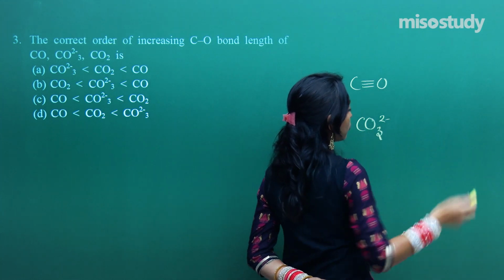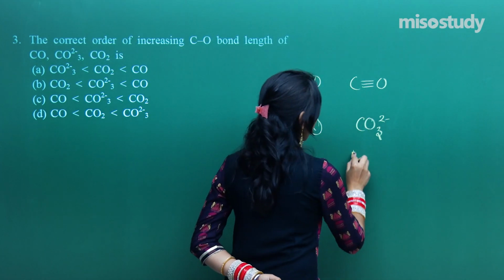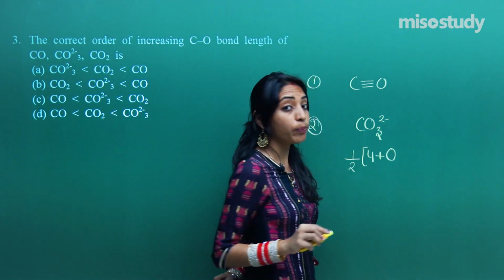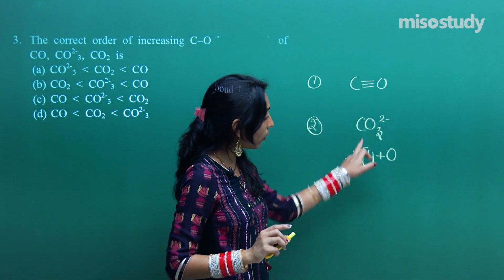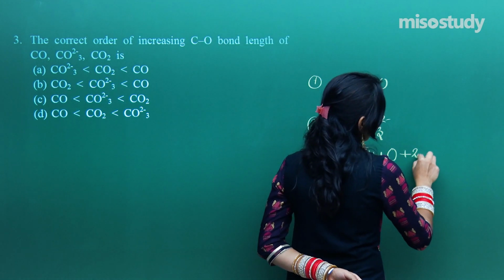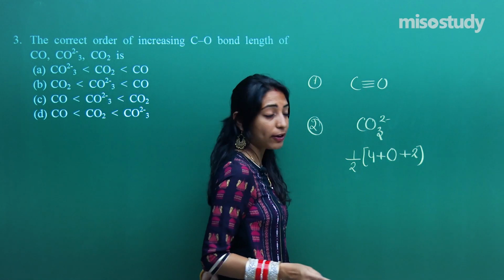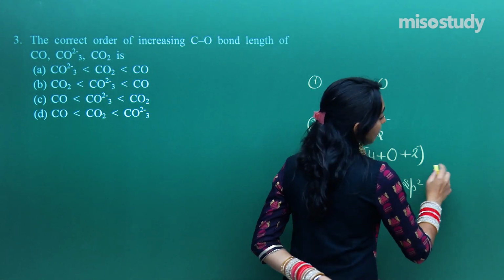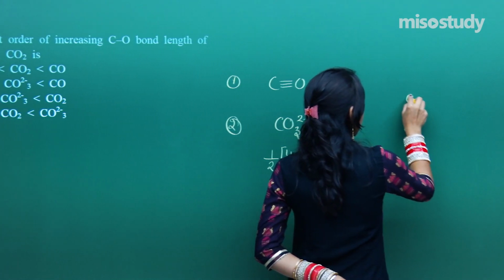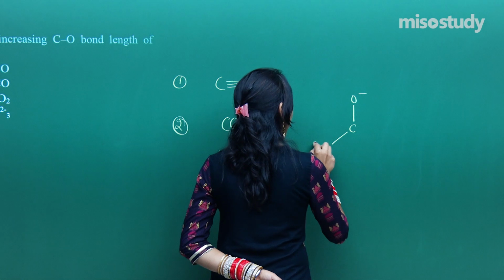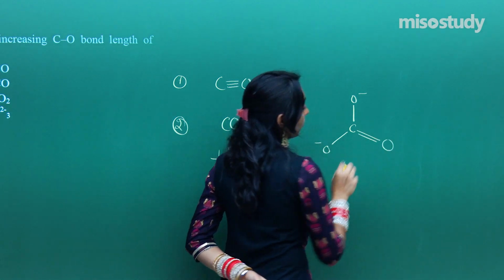CO3 2-. In CO3 2-, we take half the number of valence electrons of the central atom plus the number of atoms attached by single bond, which is 0 because oxygen forms a double bond, and then add 2 because there is 2-. So 6 by 2 is 3, so this should be sp2 hybridized. There are 2 negative charges, so 2 oxygens will form single bonds and 1 will form a double bond.